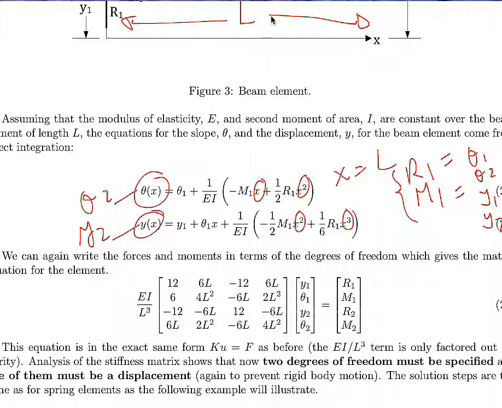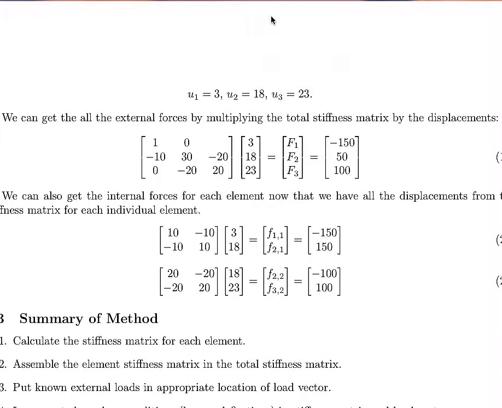I can rewrite them, R1 and M1 on one side, and then some function of these four unknowns, or 4 degrees of freedom, on the right side. Well, how do we do it? Remember how we did it for the spring element?